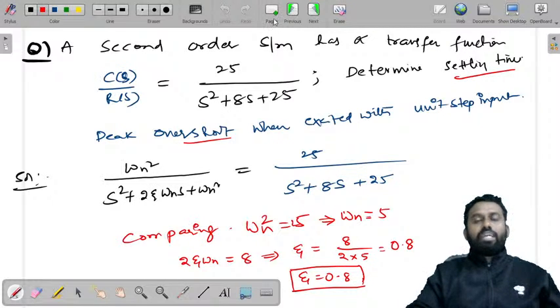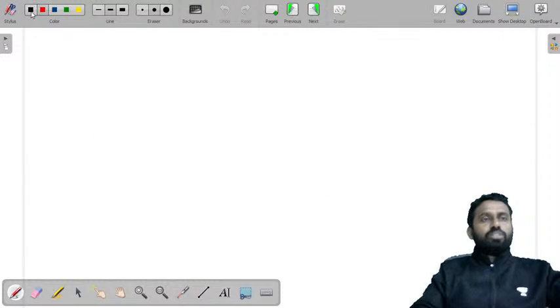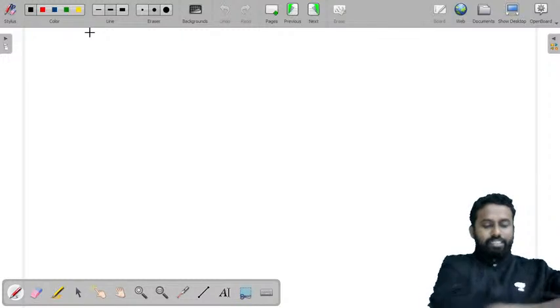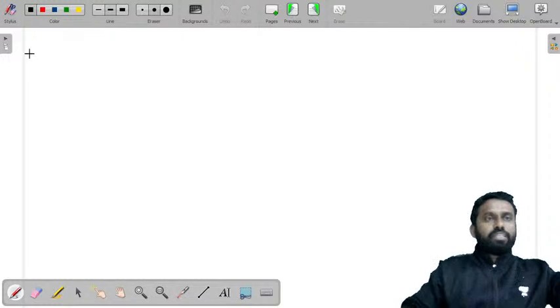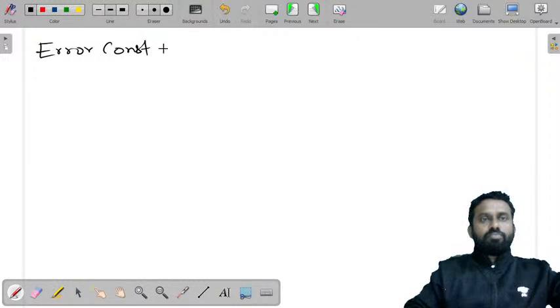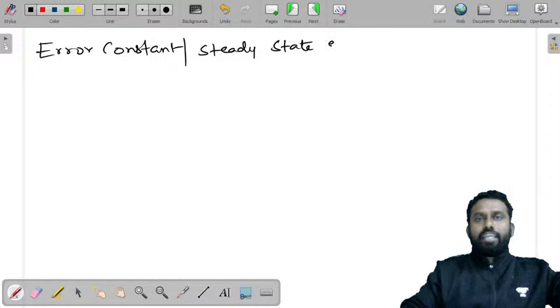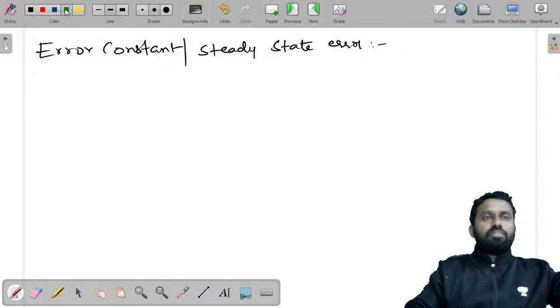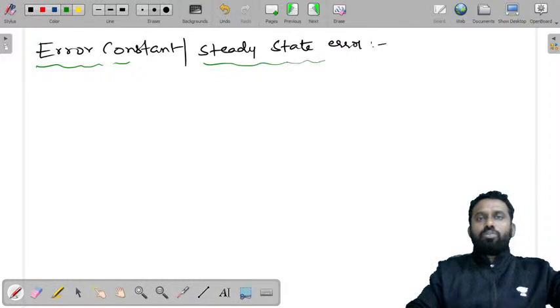Now let's look at the next topic that I told you, that was error constants and steady state error. Just try to look at this.